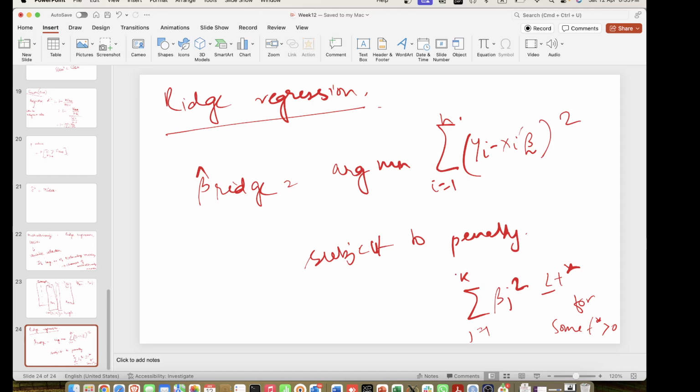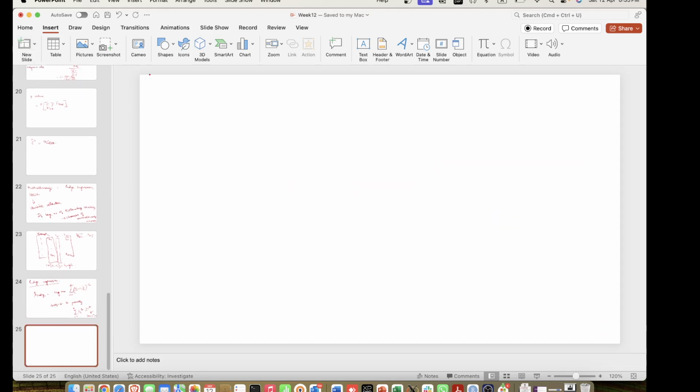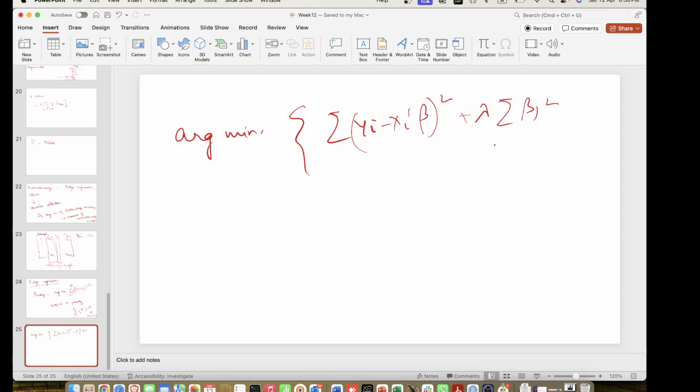In order to do this minimization, it is incorporated as an argmin, where we are minimizing the summation of yi minus xi prime beta whole square, plus lambda times summation bj square, j equal to 1 to k.